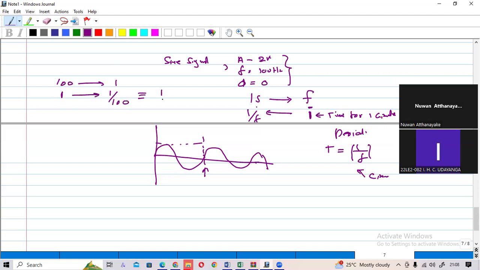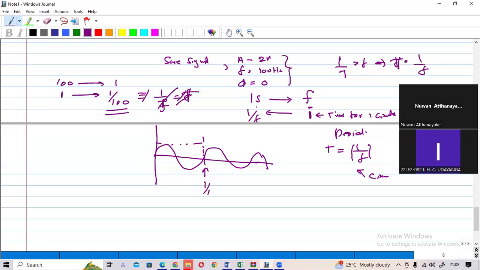Since 1 over T is equal to f, T is equal to 1 over f. So this is the period, one cycle time, which will be 1 over 100 seconds. Then this is a half cycle, that means half of this, that means 1 over 200.